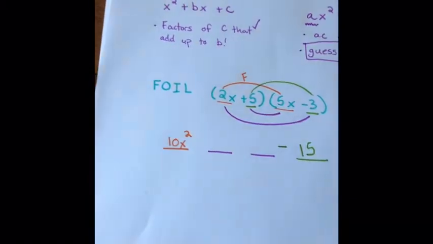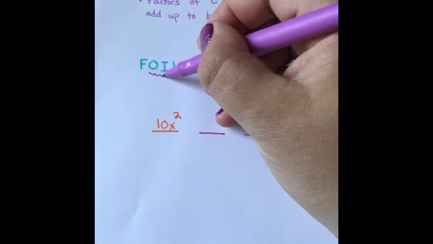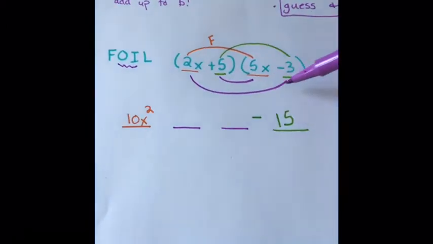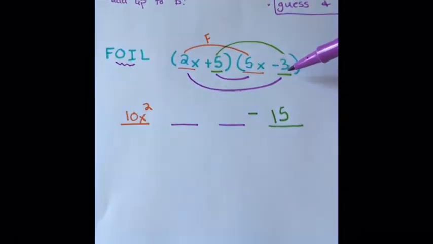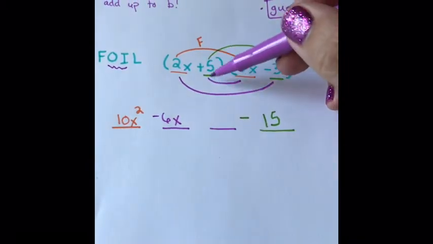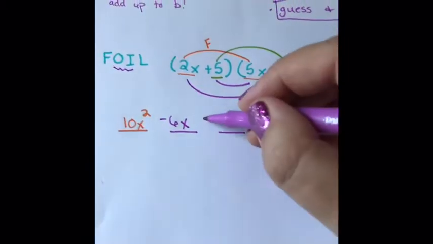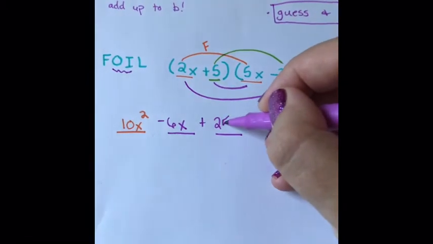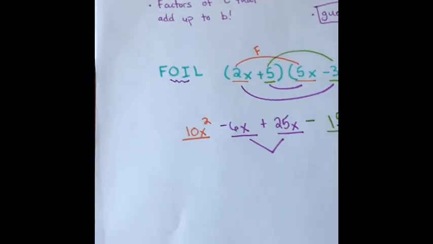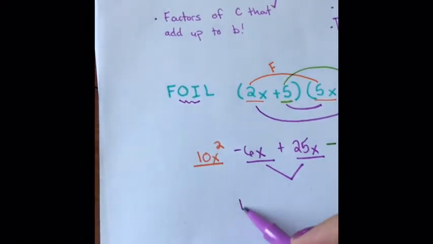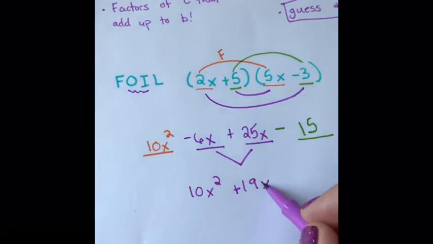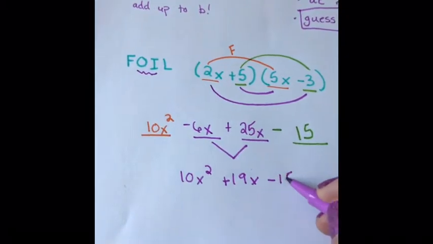And then you have the outside and the inside make up your middle terms. So outside, 2x times negative 3 is minus 6x, and then your inside terms, 5 times 5x is plus 25x. And then you combine your middle terms to get 10x squared plus 19x minus 15.